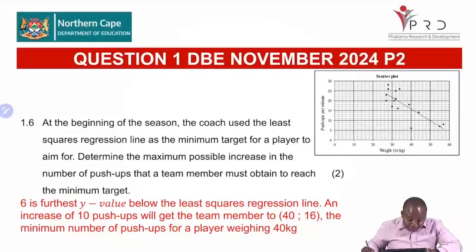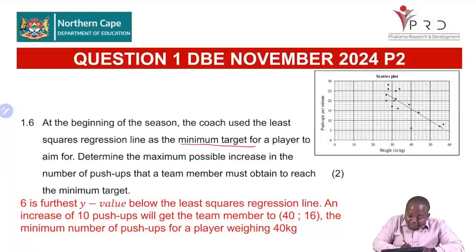It says to us, at the beginning of the season, the coach used the least square regression line as the minimum target for the player to aim for. So meaning, for each and every player, for example, the player who's weighing 30 was able to do 15, 16, 17 push-ups. So how many more push-ups should this player make in order to reach the target?